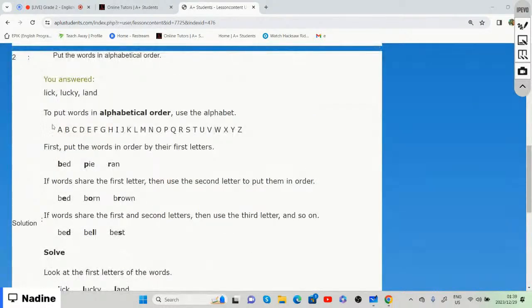Lick, lucky, land. So we see that if the words share the first letter, in this case like lick, lucky, and land, they share the first letter.